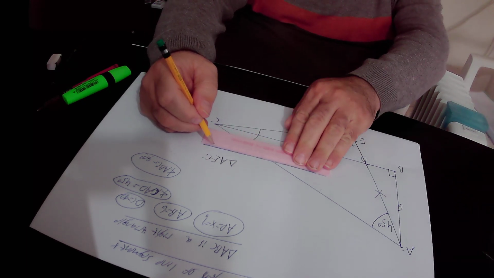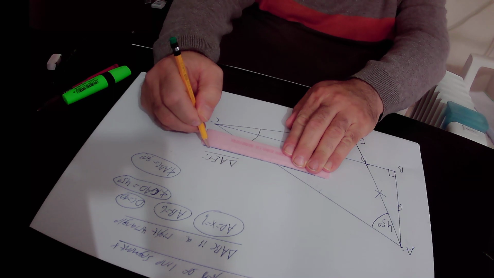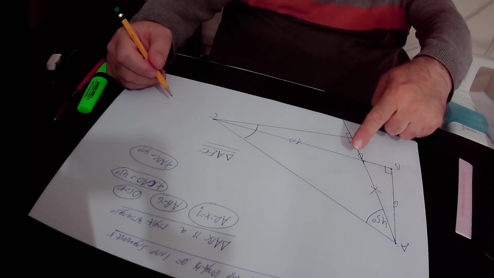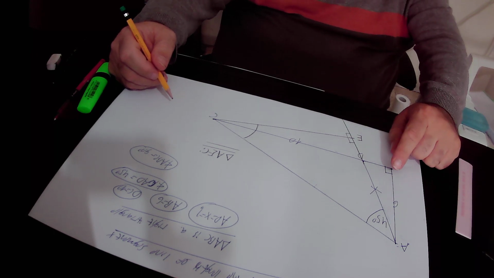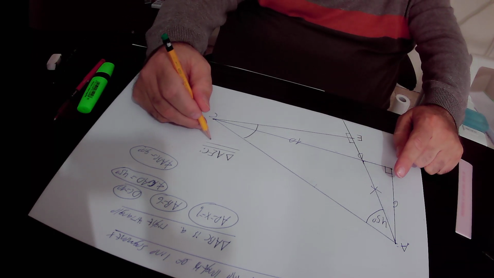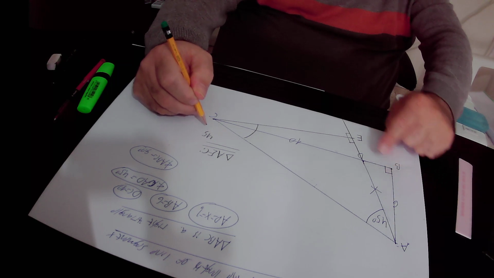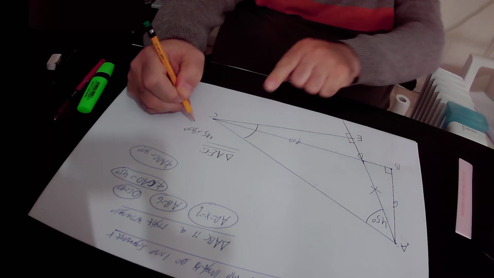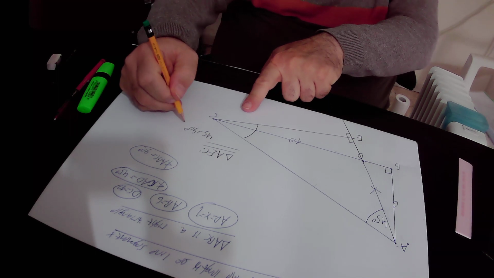Therefore, which angles do we have in the right triangle AEC? We have here 45 degrees, and we have here 90 degrees, and we have also angle ACE, that is the missing angle.